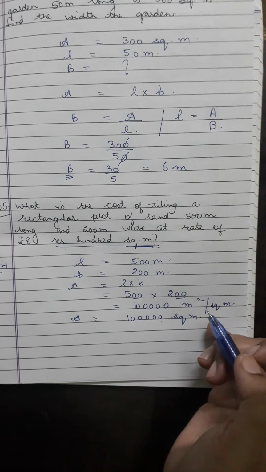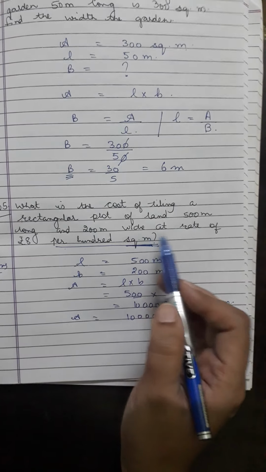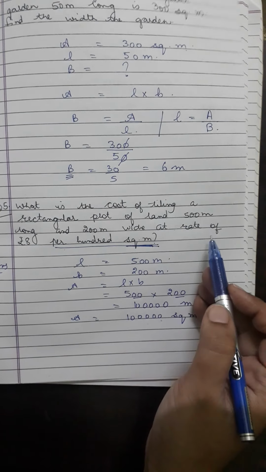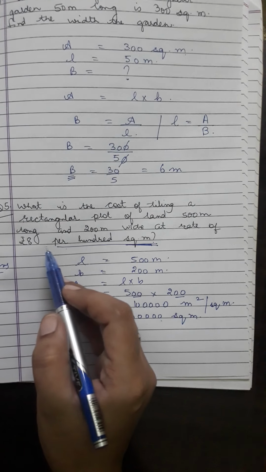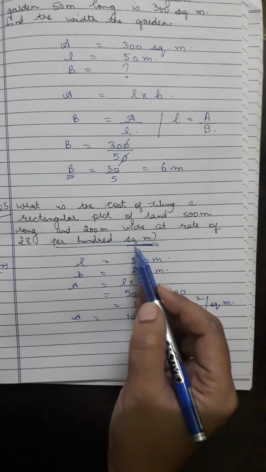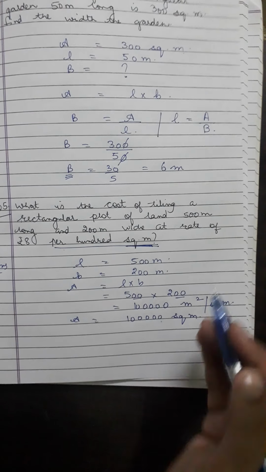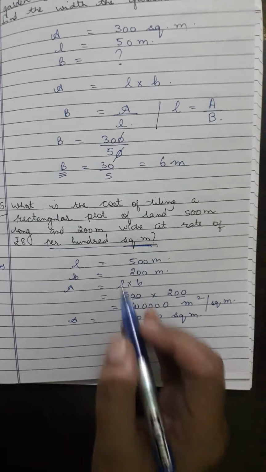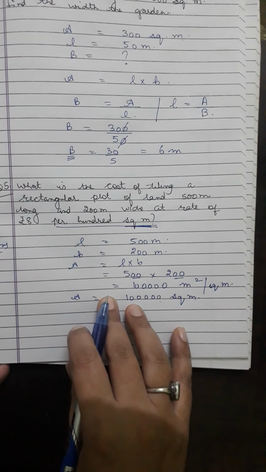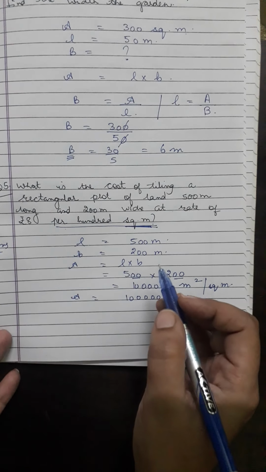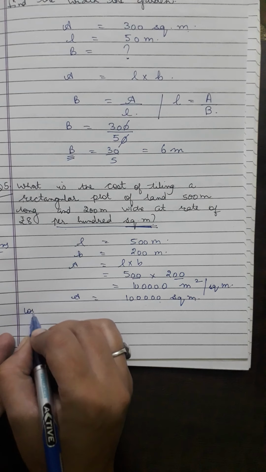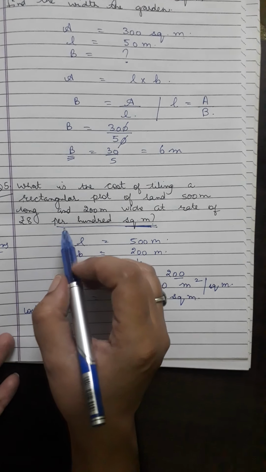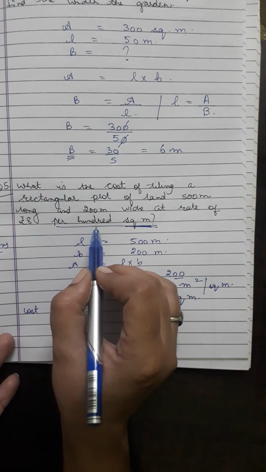Now the question is to find the cost of tiling at rupees 8 per 100 square meters. So what we are going to do here is write the cost of 1 square meter. Here it is per 100.